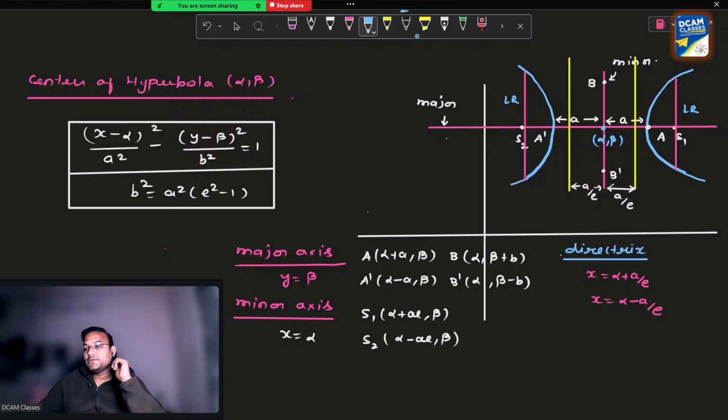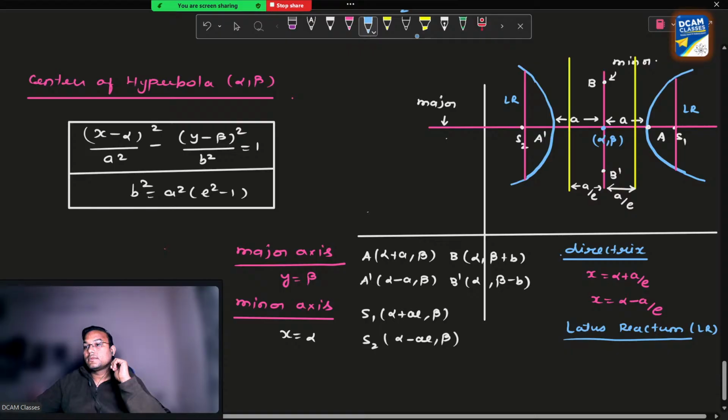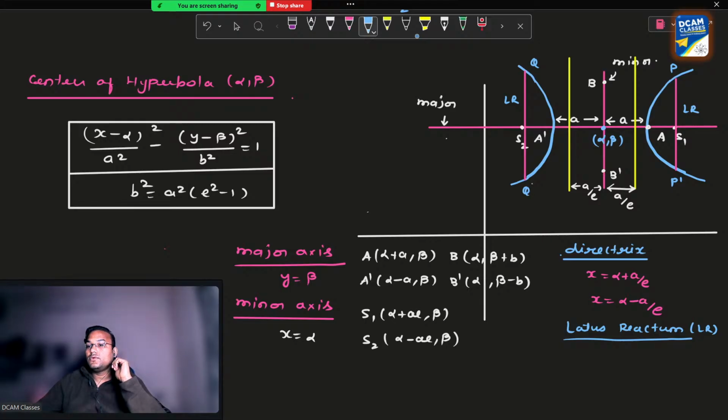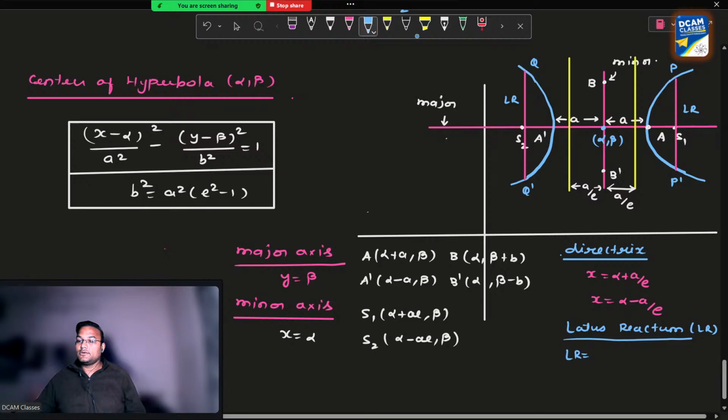So tell me the equation of latus rectum, and also give me the ends P, P dash, Q, Q dash. I can tell you the length of latus rectum is equal to 2b square by A. It remains same, it does not change.